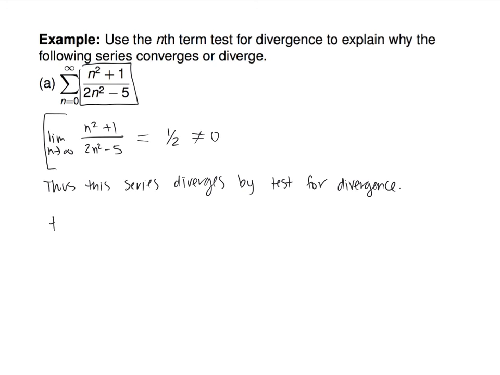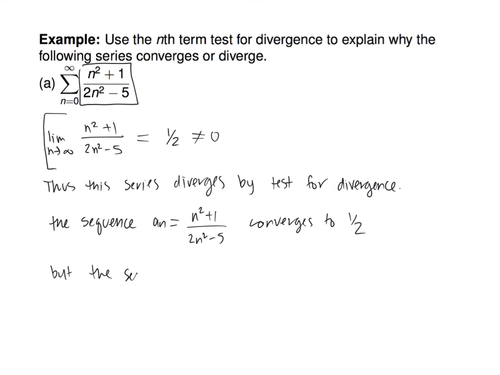So the sequence where a sub n is equal to n squared plus 1 over 2n squared minus 5 converges to 1/2, okay? Like the list converges to 1/2. But the series where you add up the a sub n's, that's a great thing to point out, diverges. You guys see what the point was there?